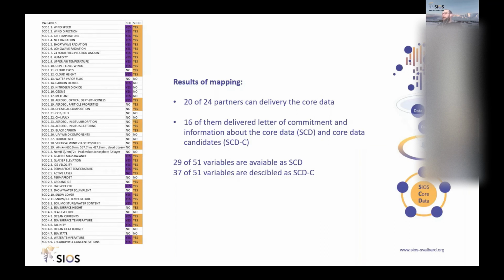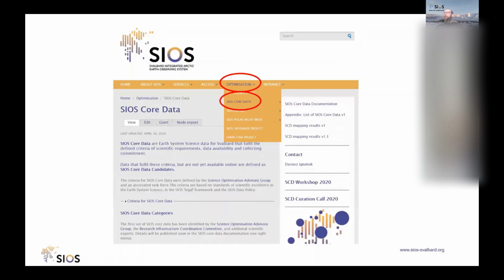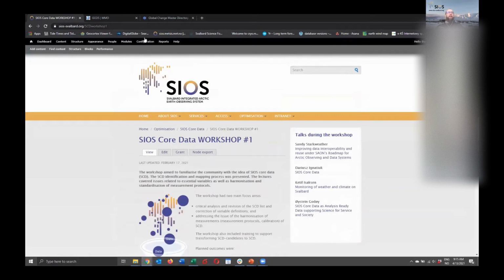At this moment, 16 of them commit and engage to deliver the core data or core data candidates. The coverage of the variables is not full. As you see, 29 of 51 variables are available as core data and 37 of 51 as core data candidates. All this information is also available on our web page.